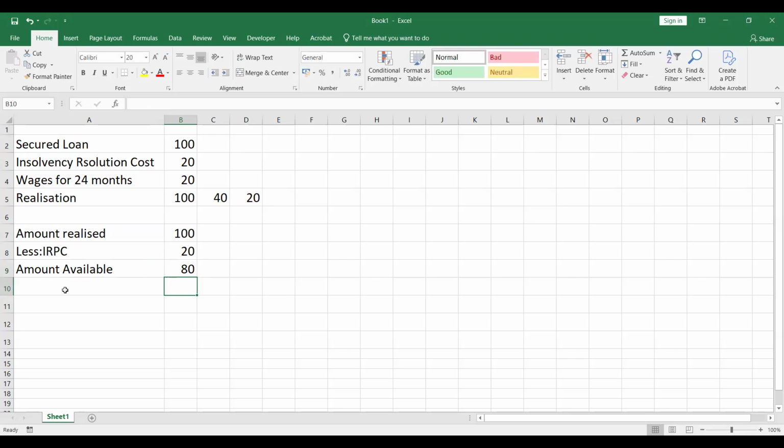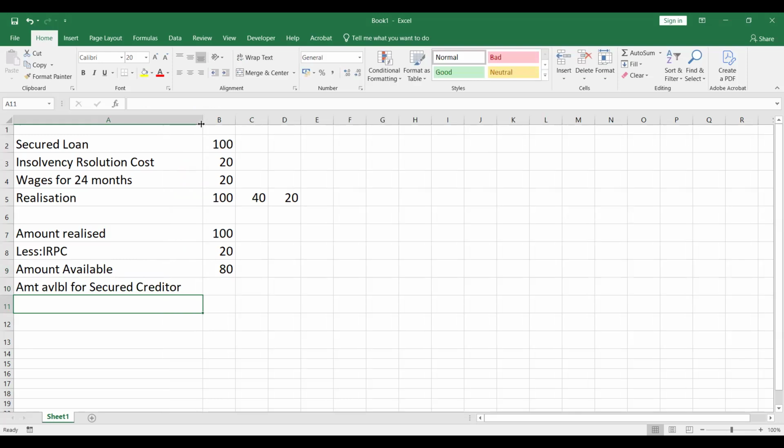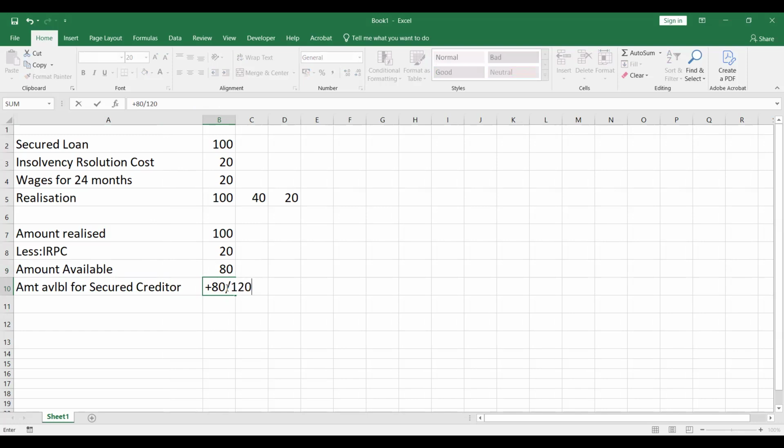So out of this 80, the amount available for the secured creditor will be 80 divided by 120 into 100. This will be the amount available for the secured creditor.